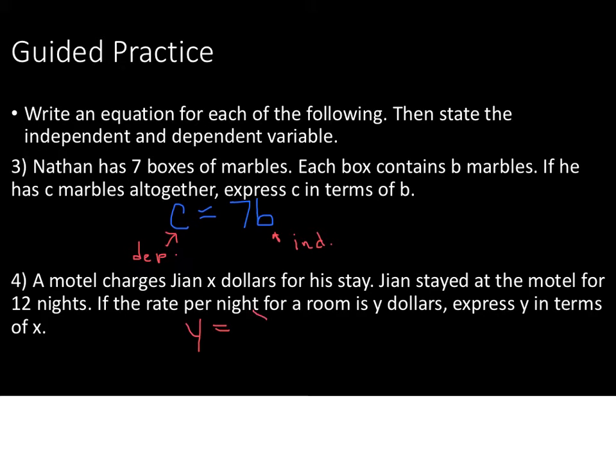So if I take X dollars and divide it by the 12 nights, that should tell me how much he paid for each night. So I have Y equals X divided by 12. And in this case, X is my independent variable, and Y is my dependent variable.